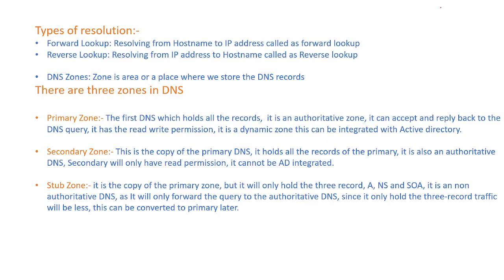So now let me go back to the slide here, and I'll explain what primary, secondary, and sub zones are. Okay, the primary zone, I told you, is one of the zones in DNS where you can create all the records, and it is an authoritative zone. Authoritative zone means as soon as you ask something, this primary zone will respond back.